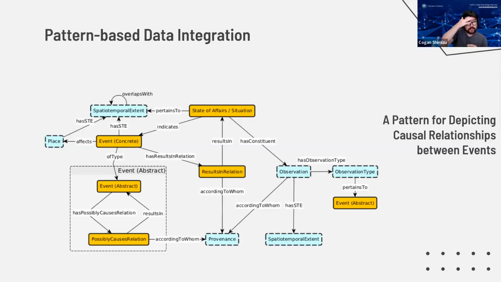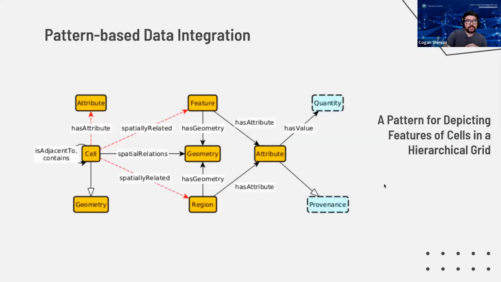So any event-related knowledge graph should, and I believe could, use these patterns for connecting the events together via the causal relationships. The pattern for depicting features of a cell in a hierarchical grid could definitely be used by anything that wants to represent, well, anything on a hierarchical grid system or the discrete global grid system.